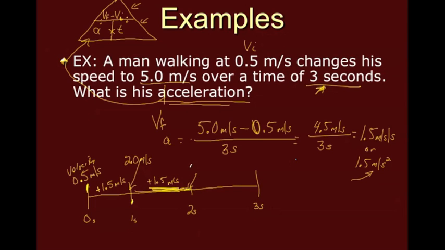So at 2 seconds, he would be traveling at 3.5 meters per second. And then he does it again during the third second. So he eventually ends up at a speed of 5 meters per second. So he accelerates at 1.5 meters per second every second. So that is how we kind of show what's going on here, just for you to get a better understanding.